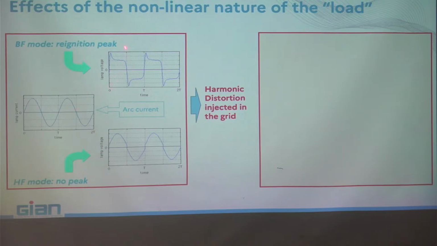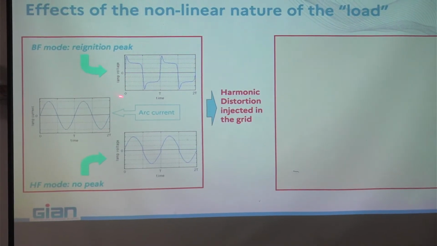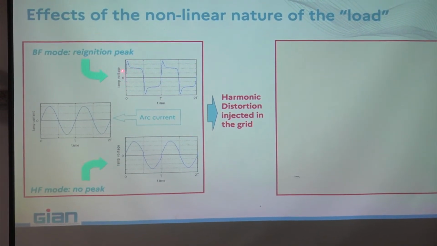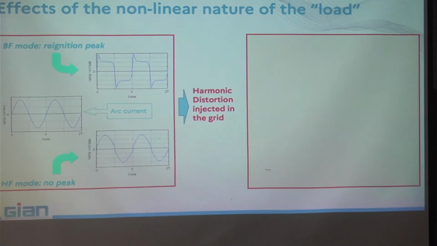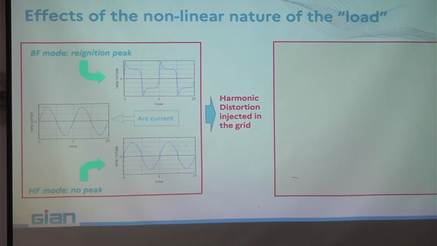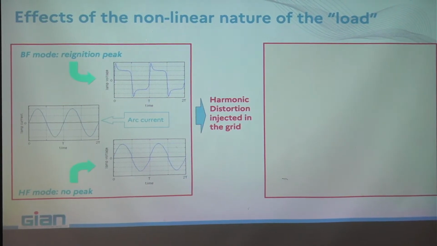And if you are below the characteristic time for diffusion, then look here at the form of the waveform. You have what we call the reignition peak, and this variation here is imposed by the VI characteristic of the discharge. The discharge itself imposes some harmonic distortion.